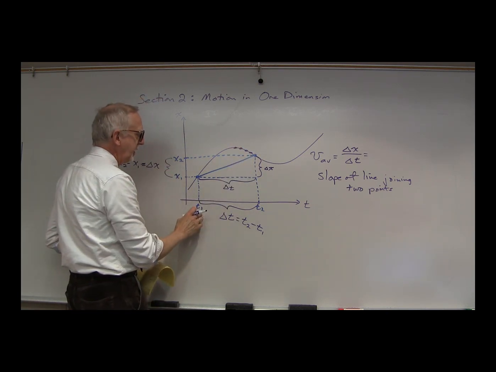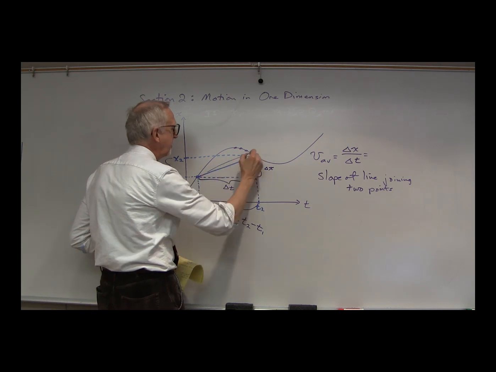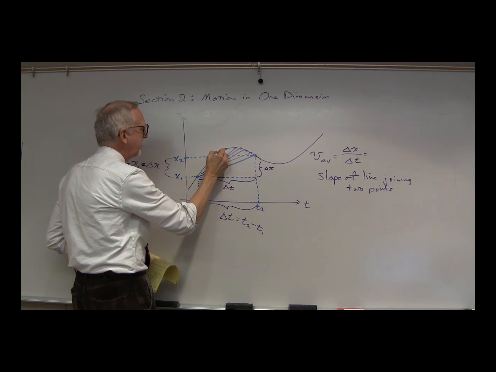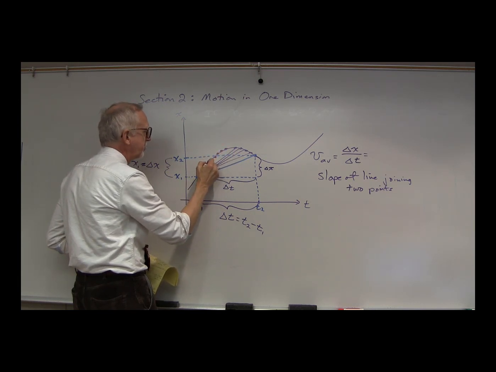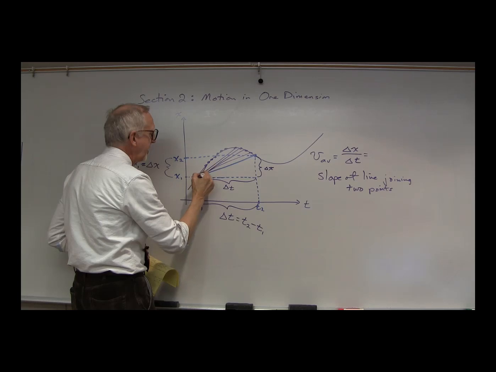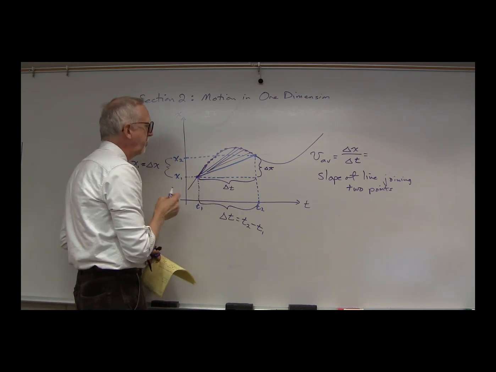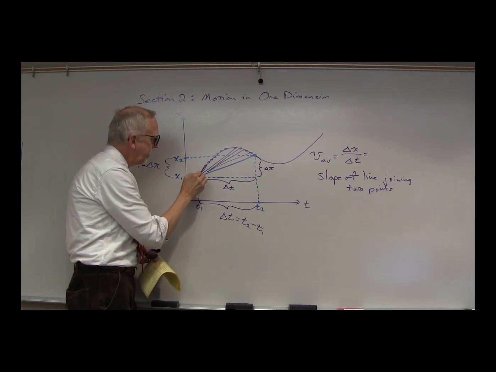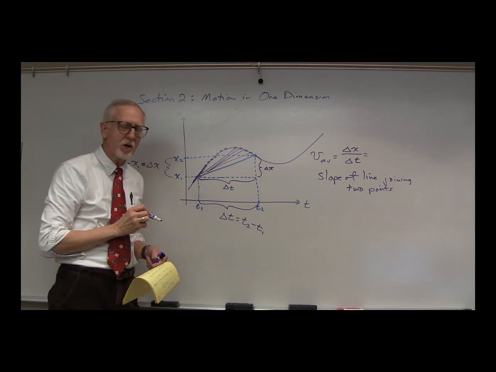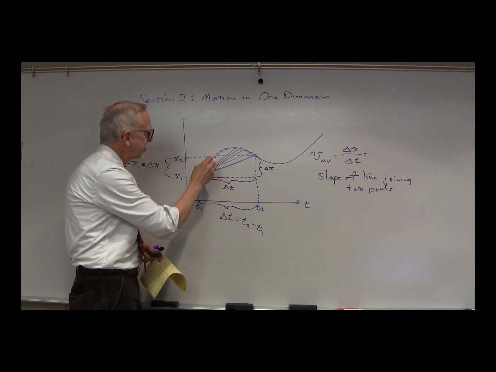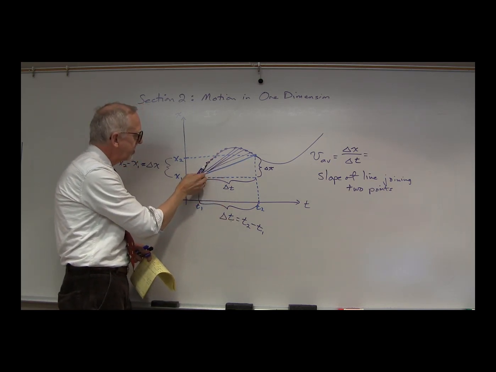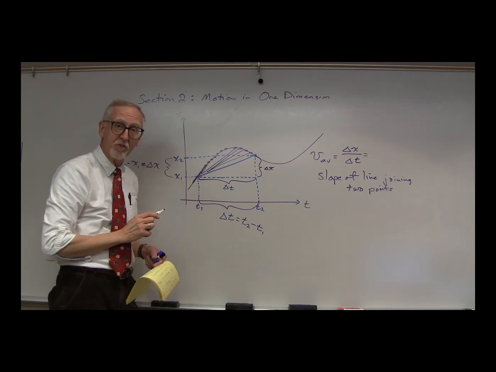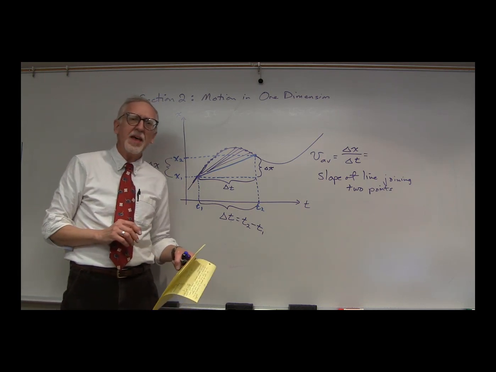And what will happen is the line segment, this line segment here, keeps moving down this way, and as this point gets closer and closer, the line segment that we're going to be determining the slope gets closer and closer and closer to the line that lies right along our curve. In other words, as delta t gets smaller, the slope gets closer and closer to the slope of the tangent line on the curve.